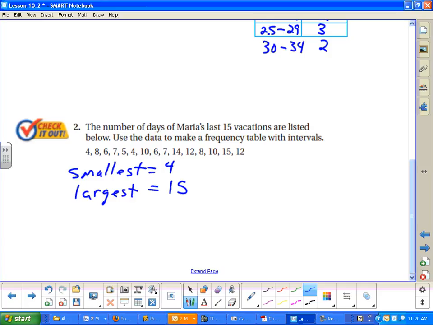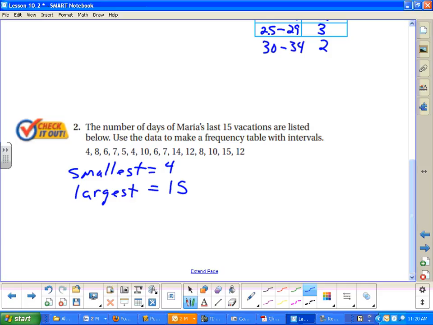So to go from 4 to 15 then, how wide should our intervals be? Should we use fives again? Okay. So if you use fives, how many intervals are you going to have? Okay, just 3 different intervals.